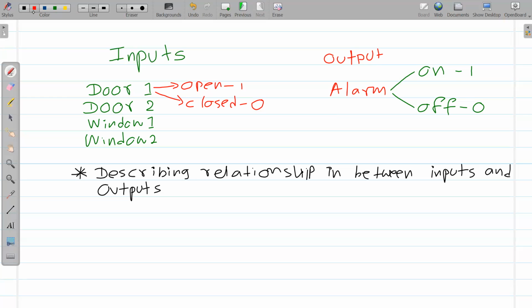So when I'm writing the relationship, I need to involve all 4 inputs. So how am I going to say it?